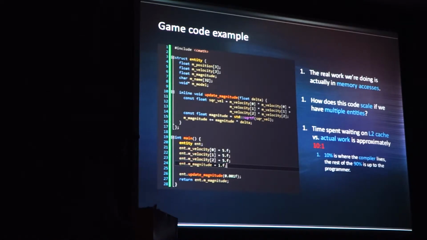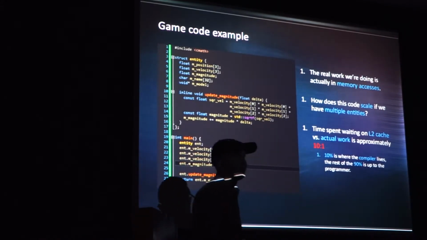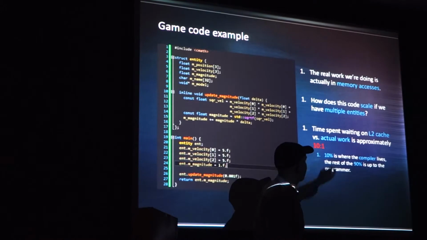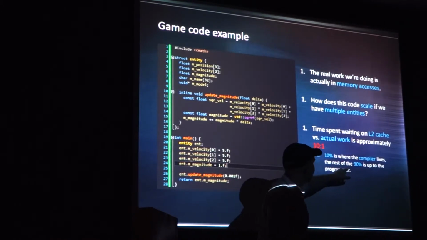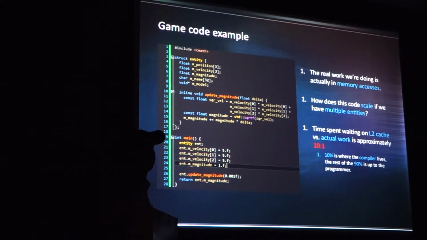The ratio is 10 to 1. So 10% is where the compiler lives. The 90% case, where our work is in memory access, that's on us. That's on the programmer to optimize. The compiler cannot reason about that. It has no idea about that.